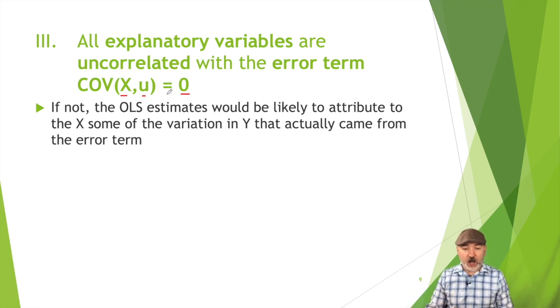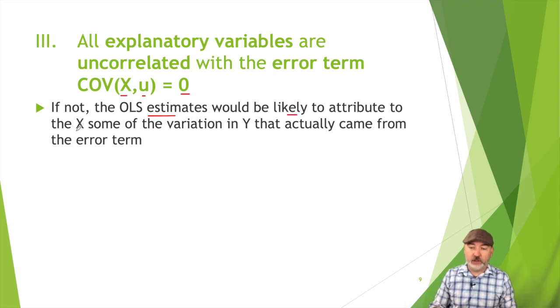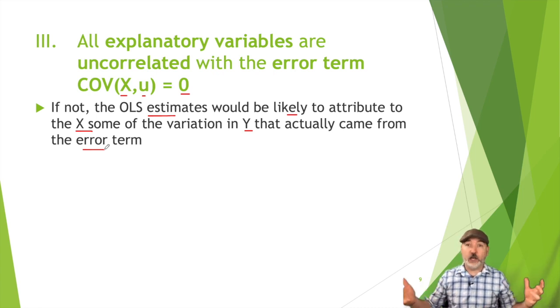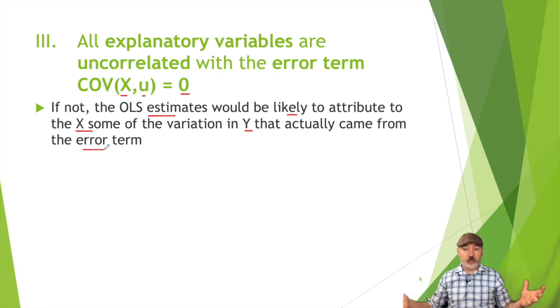So if this is not true, if that covariance is not 0, well then our OLS estimates, our slope coefficients, our partial y, partial x, will be likely to attribute to the x variable in question some of the variation in y that actually comes from the error term, that should actually be attributed somewhere else. So this is going to be opening the door to what we'll call biased estimation.